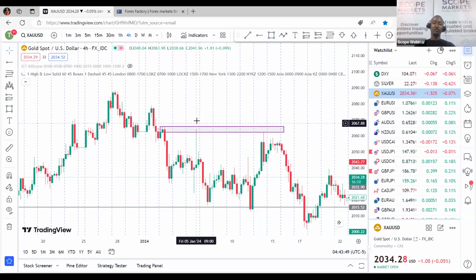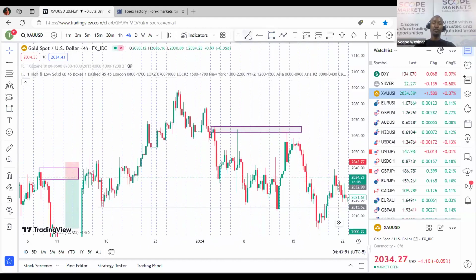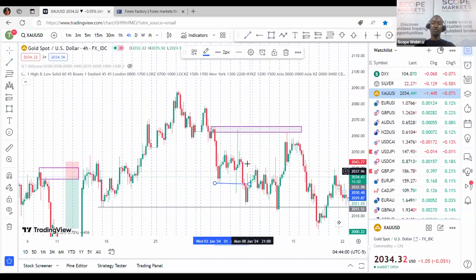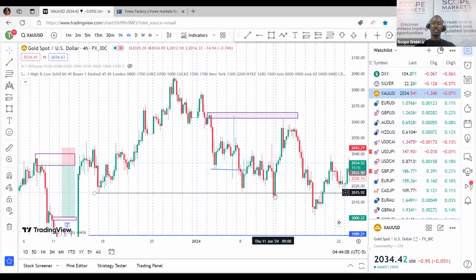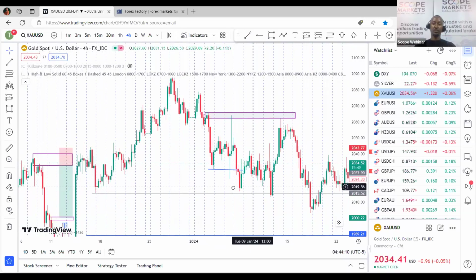If you're selling at this particular point, your first area of interest, you want to target these lows here, the immediate lows. You can see they were taken out, because after the price pushed out, the price came and took these lows out. And the next level now is this area of support, and you can see the market reached this level. So your target was achieved, right?